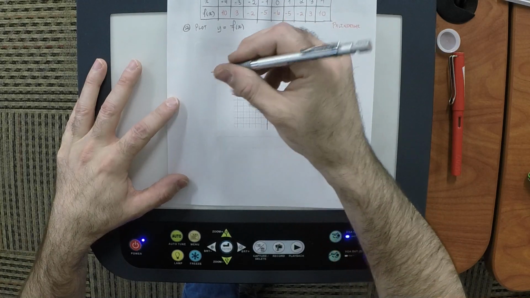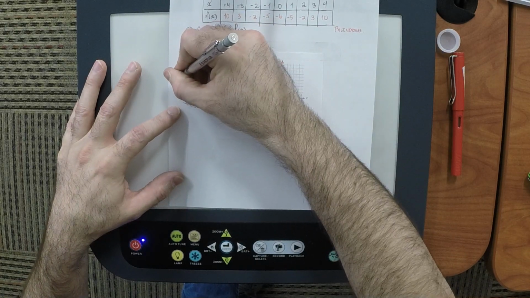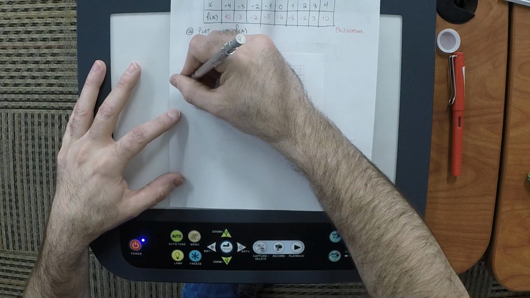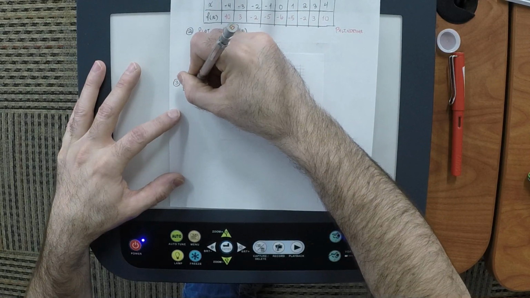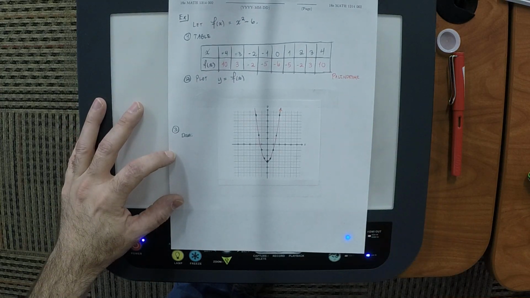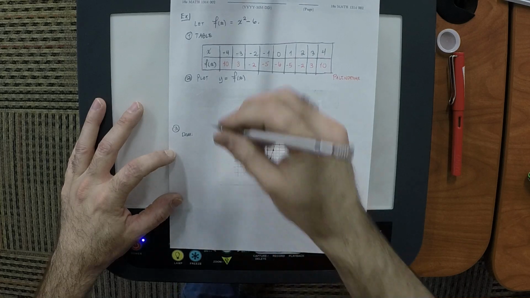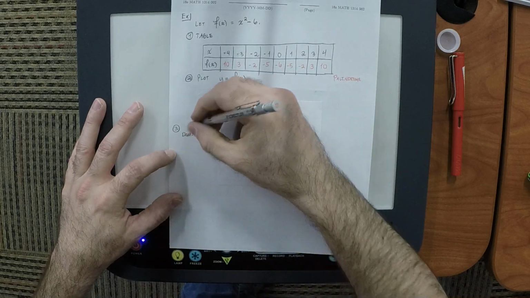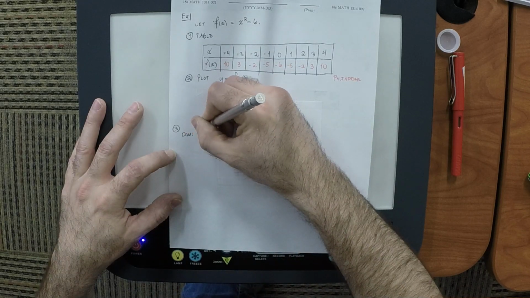So I'll ask as a question right here, question 3: for this particular function, what is its domain? All reals, right? Because the domain was not explicitly specified, the domain is the natural domain. So the domain is the reals.